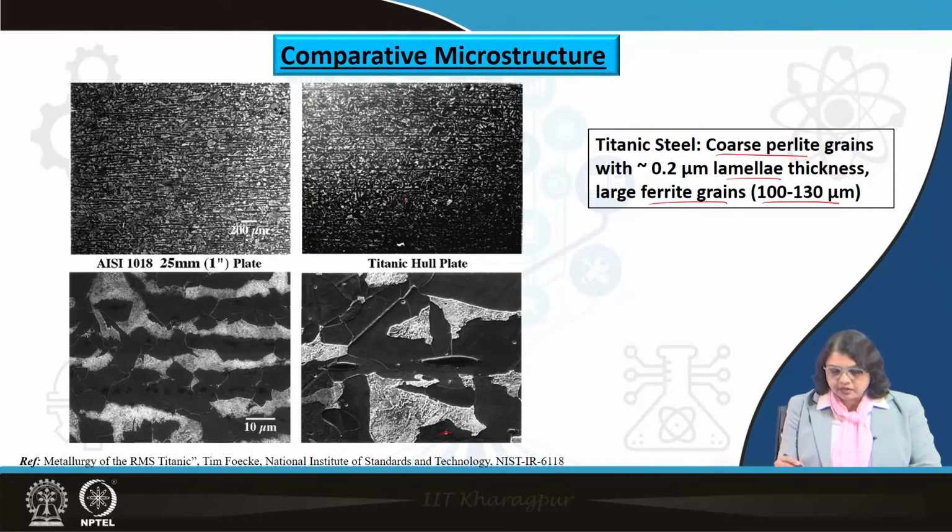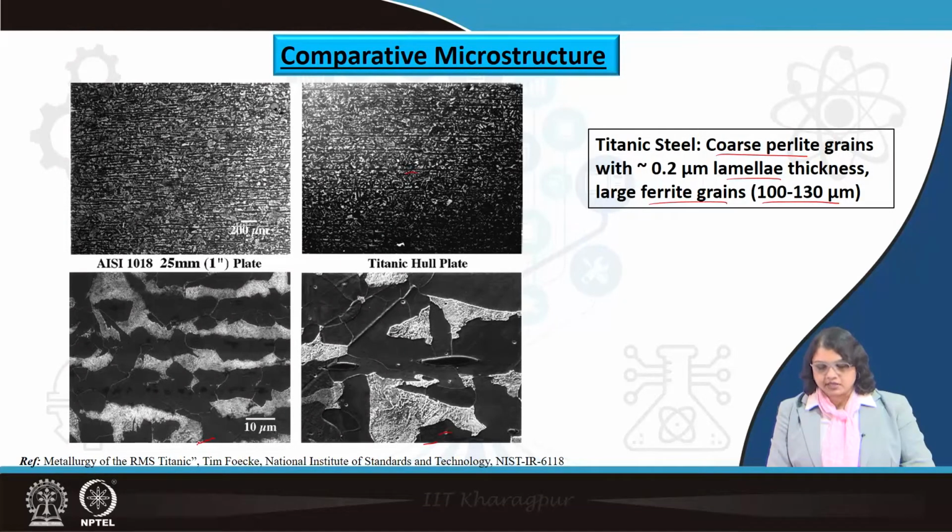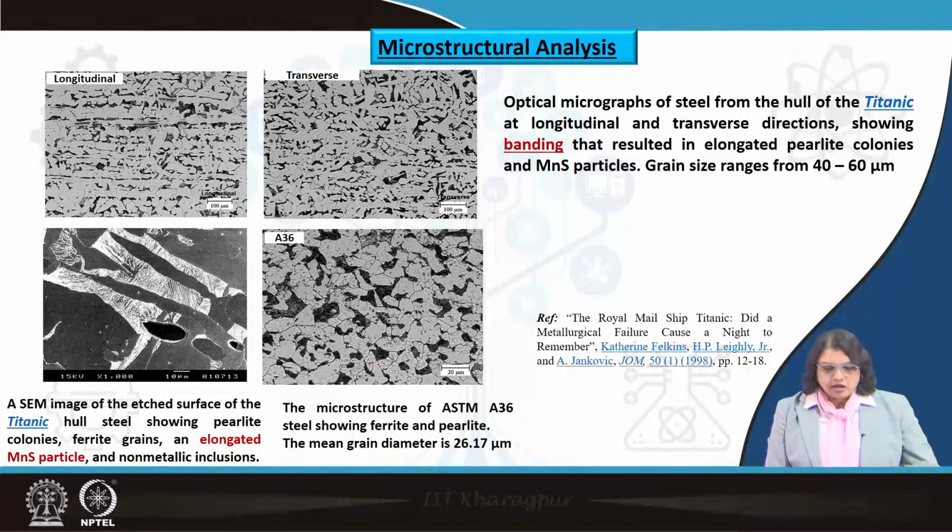You can compare the Titanic microstructure, particularly at higher magnification, with the AISI 1018, the modern shipbuilding steel, and we can see that there are much coarser structures present for the case of Titanic, which actually must have affected the overall mechanical performance of the material. Not only that, we can also look into some banding structures.